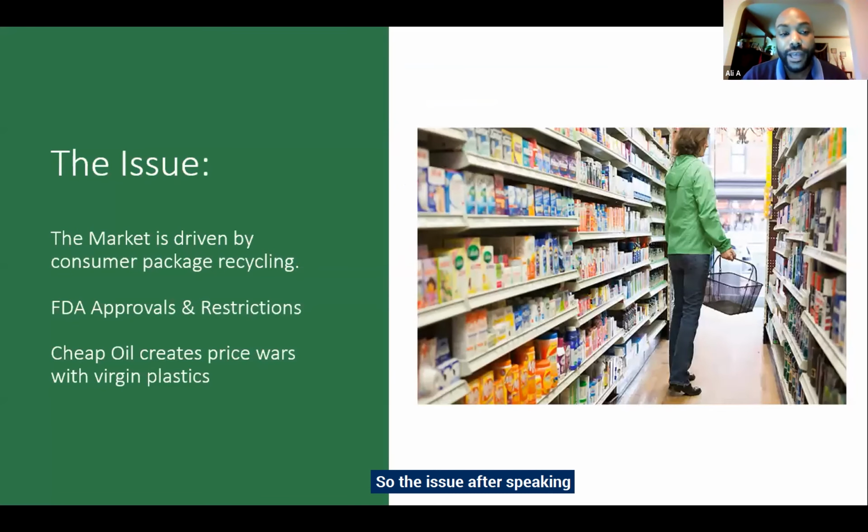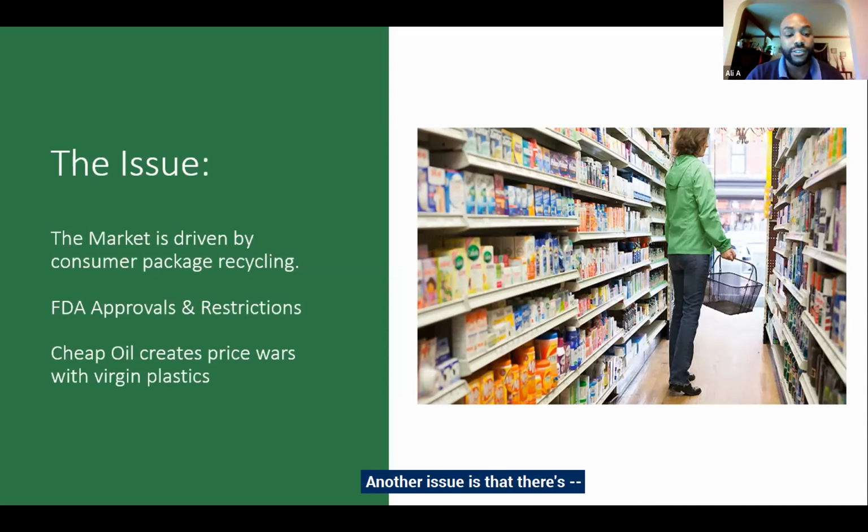The issue, after speaking to a number of user advocates during this process, was that, for example, KW Plastics said that most of their consumers are consumer package companies. You have to go through the FDA approval, or USDA, if there's anything that's touching, let's say, haircut products or anything that's touching food.